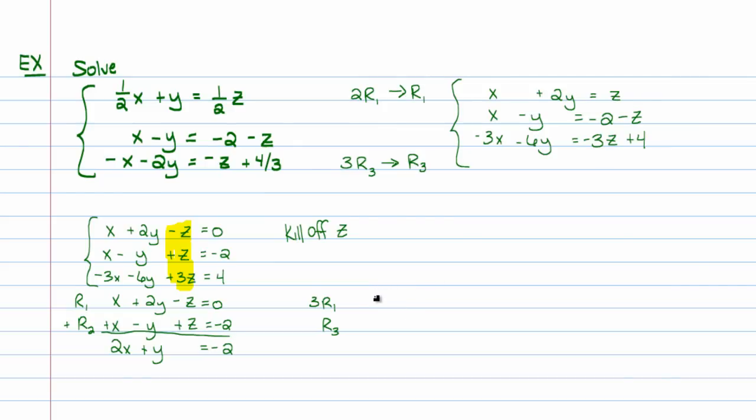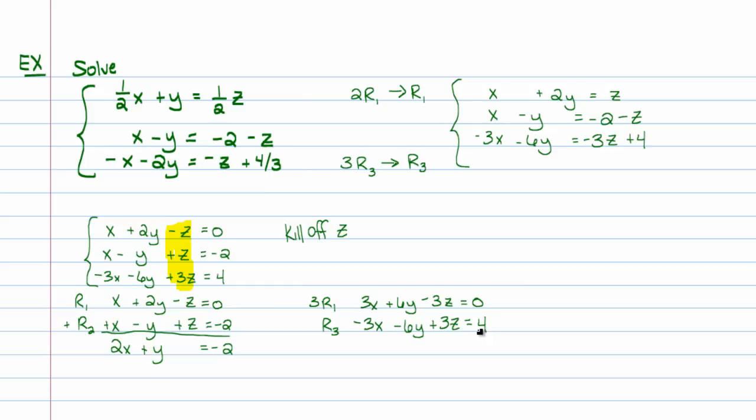Here we go. 3 times row 1 becomes 3x plus 6y minus 3z is equal to 0. You wouldn't believe how many people like to write that as 3 over there, by the way. 3 times 0 is 0. And then finally, negative 3x minus 6y plus 3z is equal to, let's see, 4.